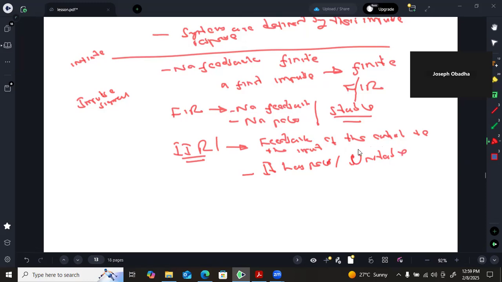What you mean by unstable is that you have a finite input, but the output is infinite, because part of it is being fed back to the input, so that even if you are no longer applying an input, the output would always be there.